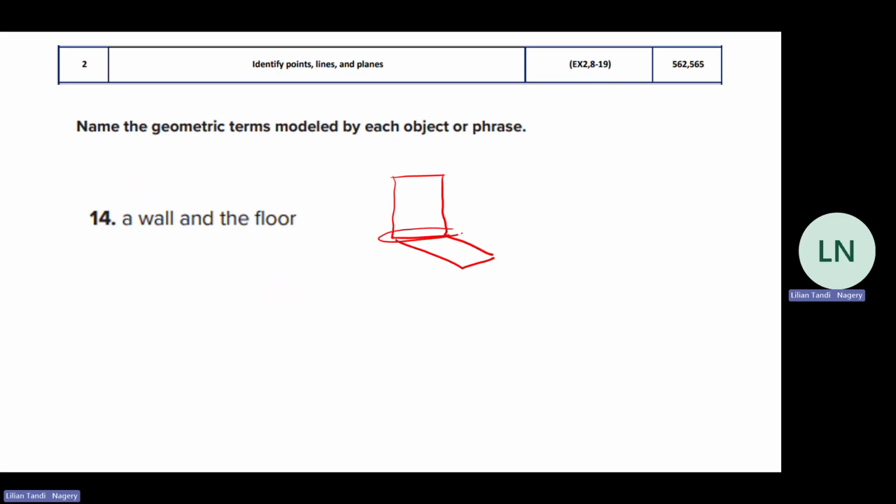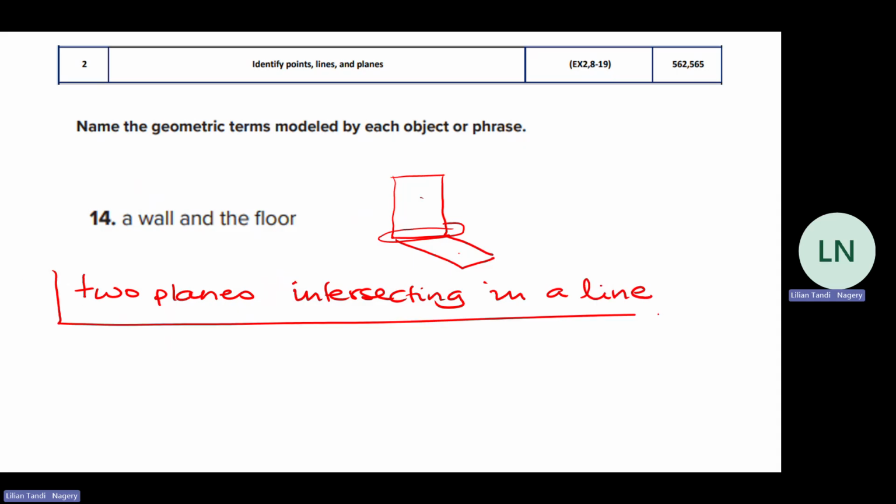So this will be two flat surfaces joining together. So two planes intersecting in a line. Okay, so this is your answer.